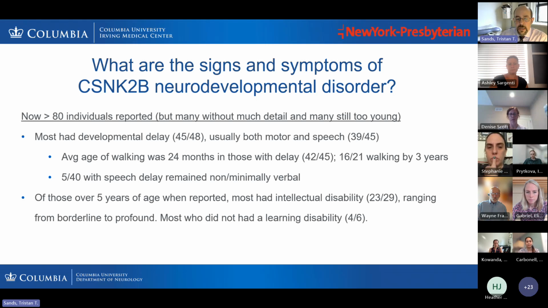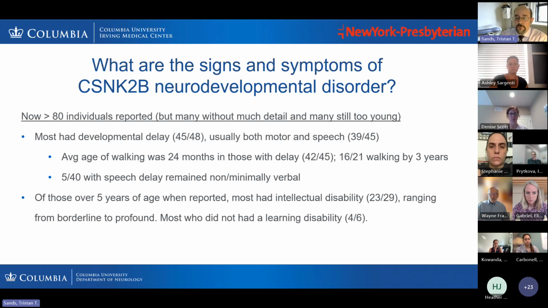Speech delay was really common, but most patients did end up speaking, with a notable exception of over 10% who remain nonverbal or minimally verbal. And so you can see that that's sort of touching on this spectrum.